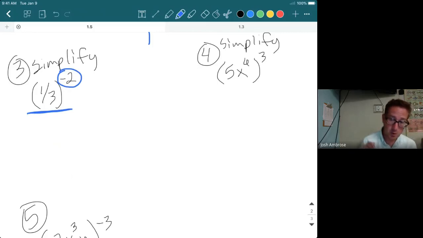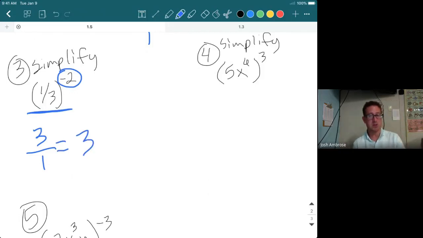So instead of it being 1/3, it's now going to be 3/1. By the way, 3/1 is the same thing as just 3. So let's just write 3. Then that negative sign disappears because we already dealt with it. But the 2 doesn't. We still have that 2. What's 3 to the second power? 9. 3 times 3. So there we go for example 3.